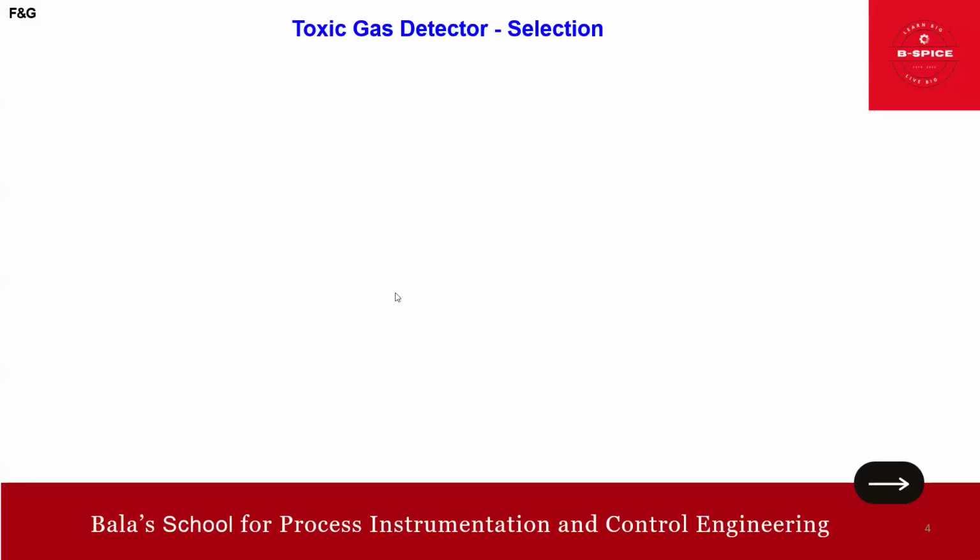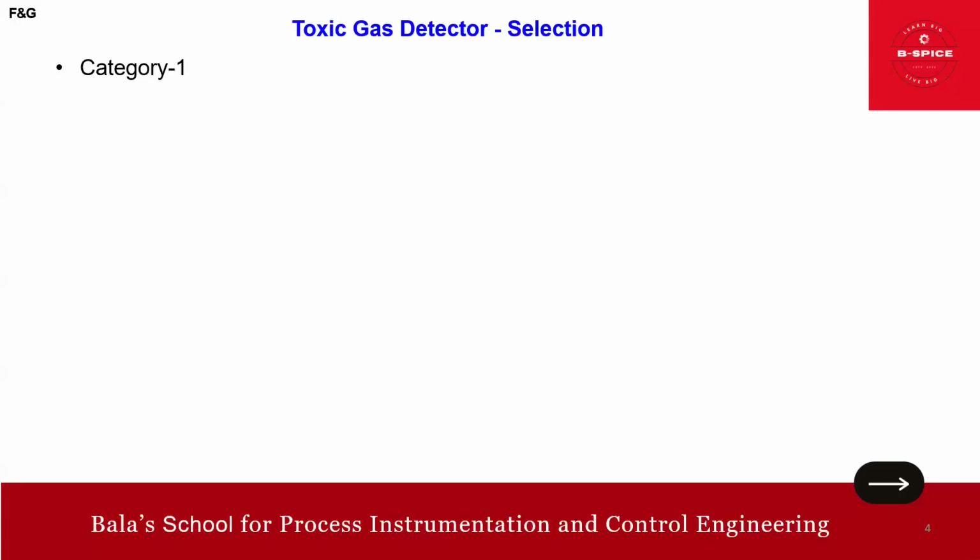Before going into the detail of toxic gas detector selection, I just want to inform you, friends, generally the concentration at which toxic gases need to be detected are far lower than for flammable gas detection.